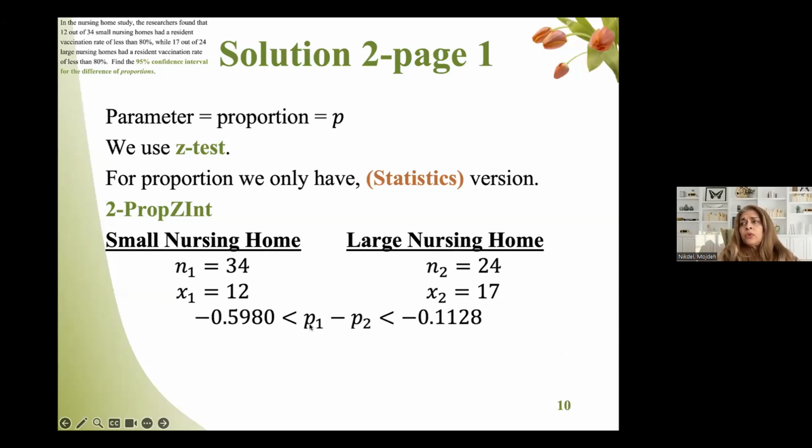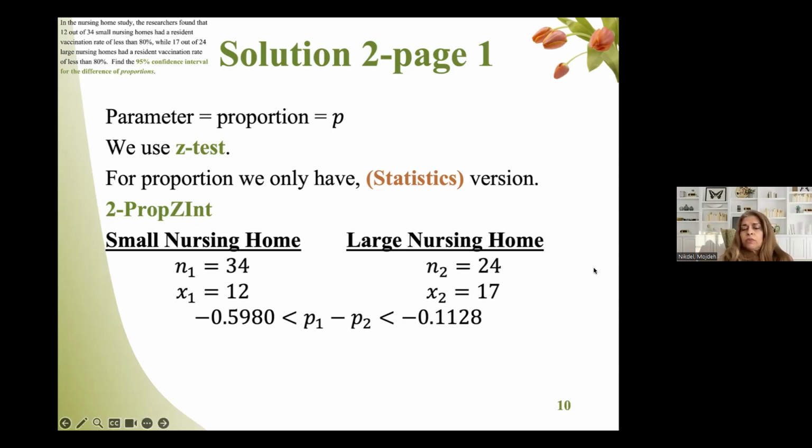Either you put your interval inside parentheses or you write p1 minus p2. On the left side of your inequality, you put the first number from left to right, then the second number. Now, we know that proportion is the percentage, and a percentage cannot be negative because a proportion is a number between 0 and 1. But we cannot have a negative percentage. So what's wrong here?